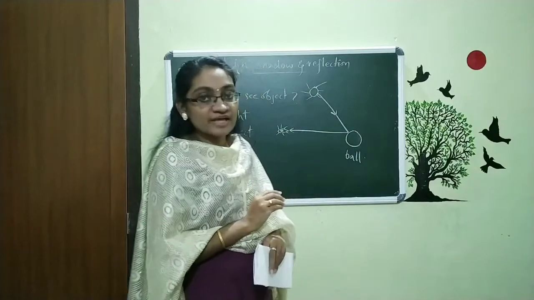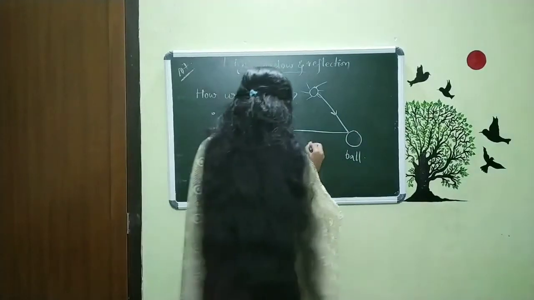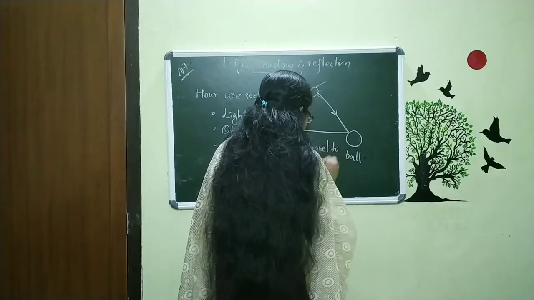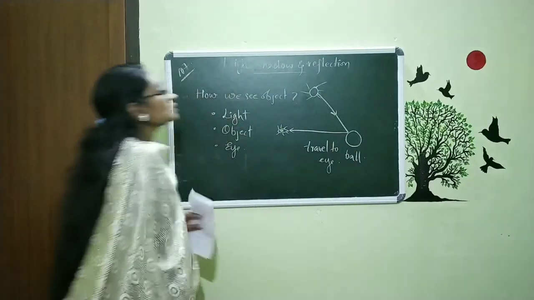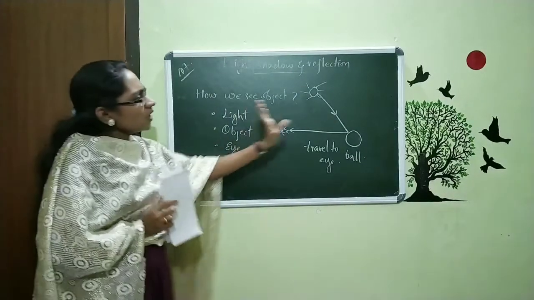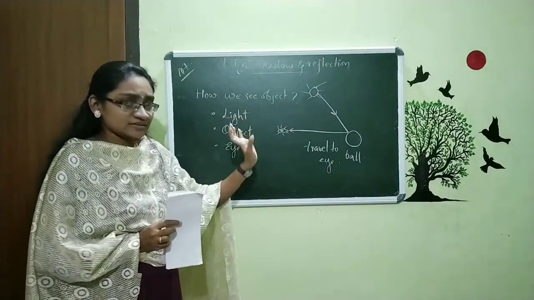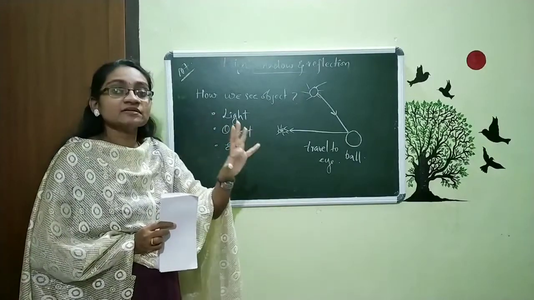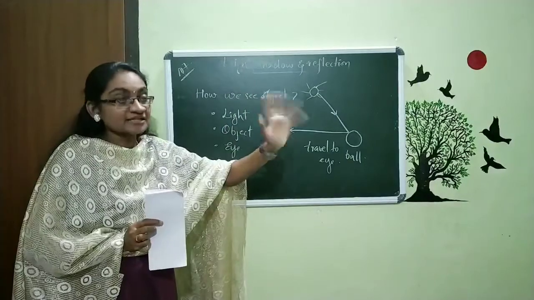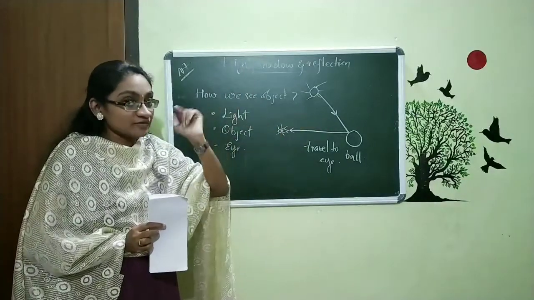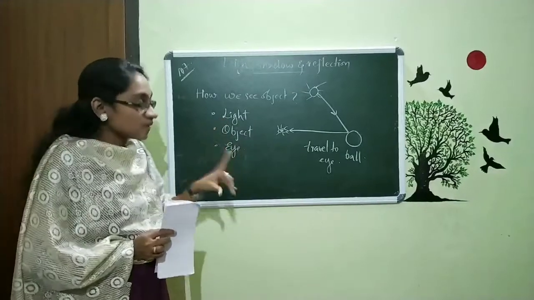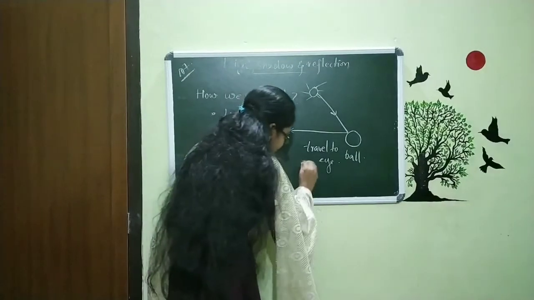And that's how we are seeing the object. For all objects, we can see like this. If we are seeing anything, the light from the source is traveling to the object, and then it is coming to our eye, and actually the process we are calling reflection.